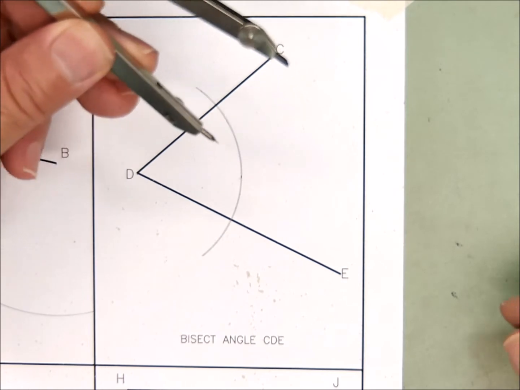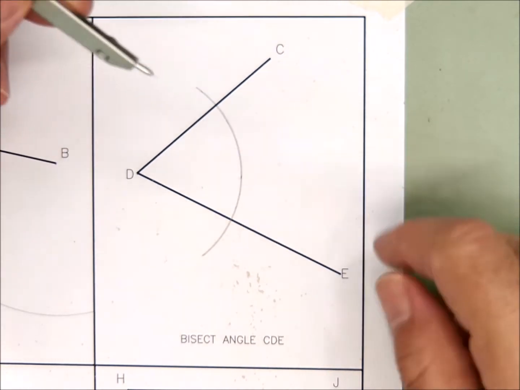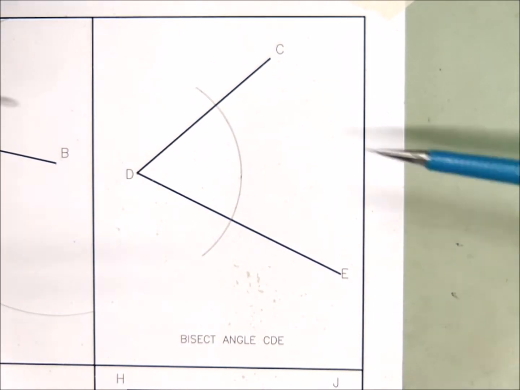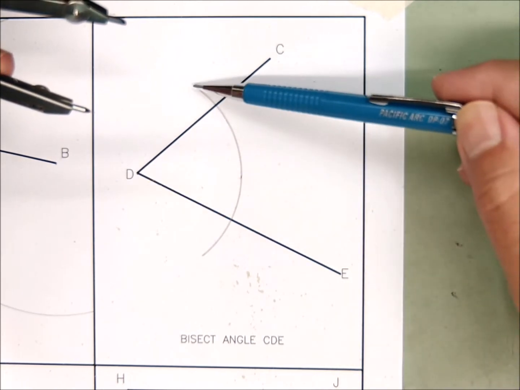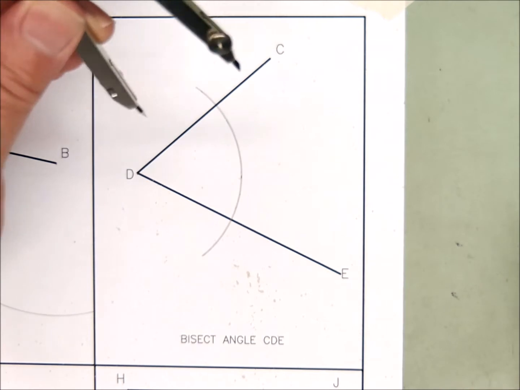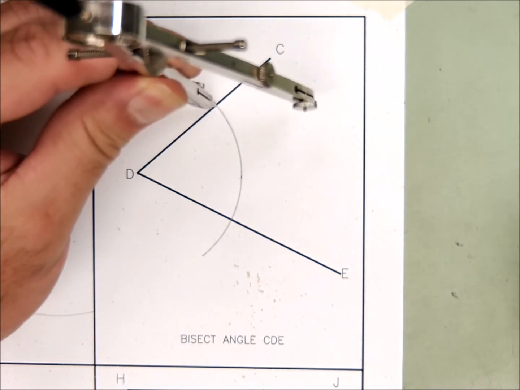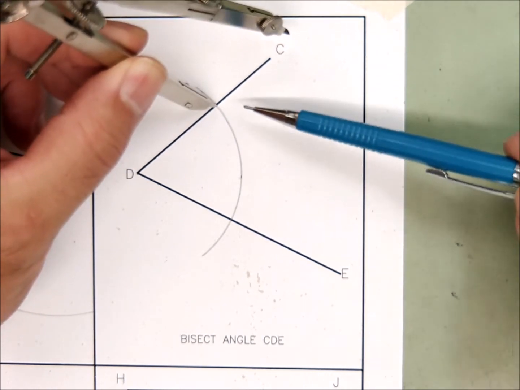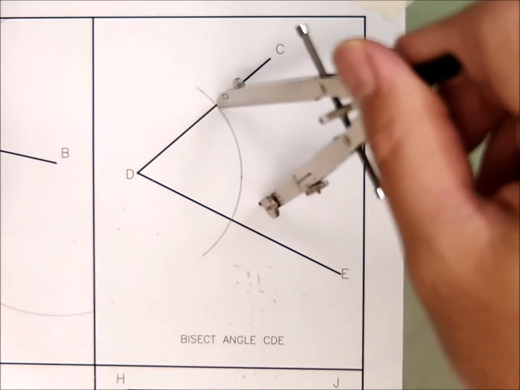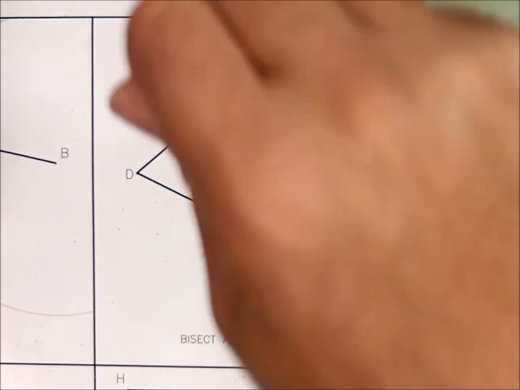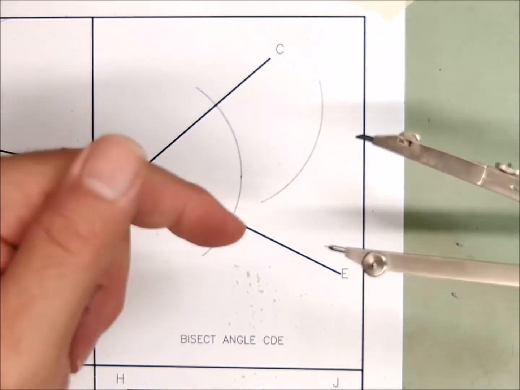For the second arc, you're going to take the point of the compass and stick it where the line is intersected by that arc you just made. So we'll put the point of the compass exactly right there. And then I'm going to make an arc out here. And I'll do the same thing.